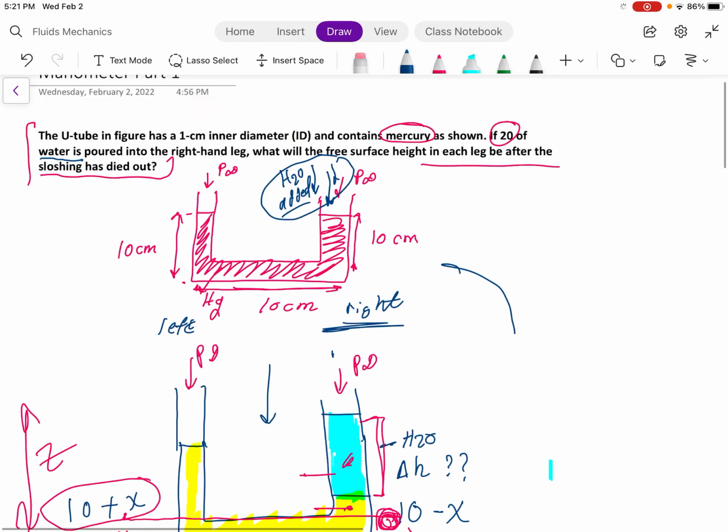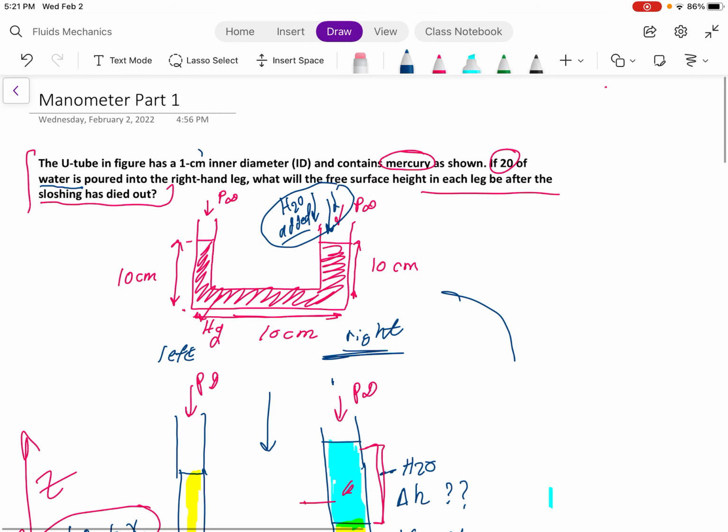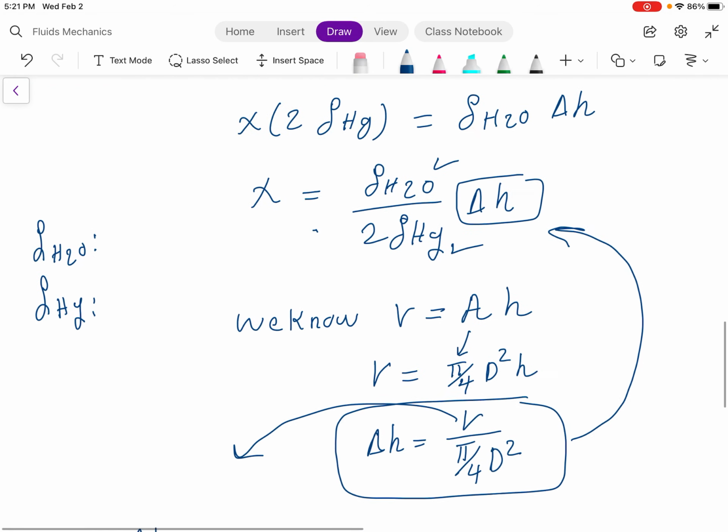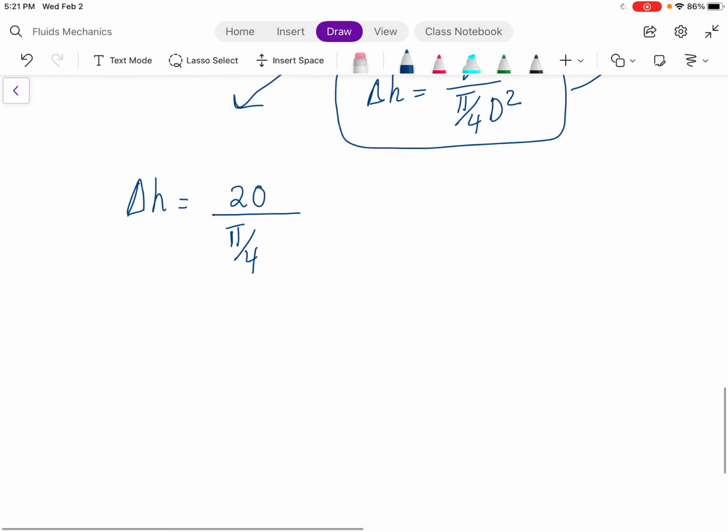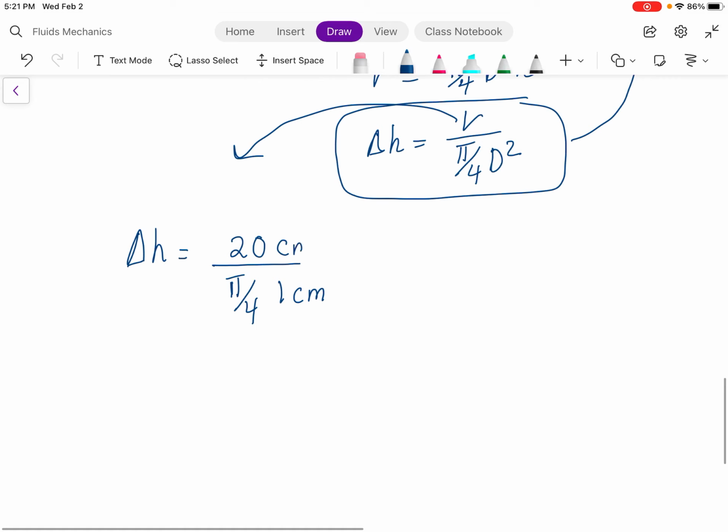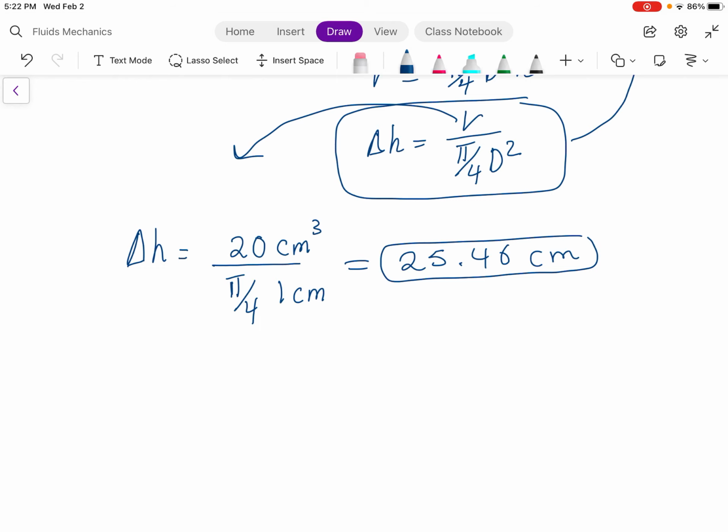And I believe they told us 1 centimeters inner diameter. So we're gonna substitute the 1 and centimeters. So this is gonna be centimeters cubed. So cancel out. So we have 25.46 centimeters as an answer for delta H.